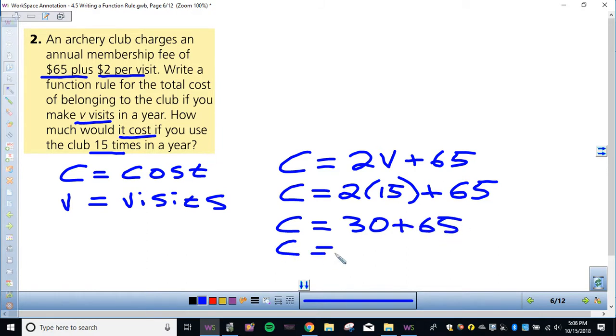So C equals $95. So that's the total cost if you visit the club, which is what they're asking. That would be a poor investment to make in an athletic club. Hopefully you go 3-4 times a week and more like 150 to 200 times per year.